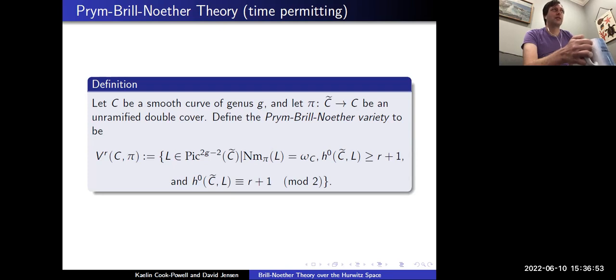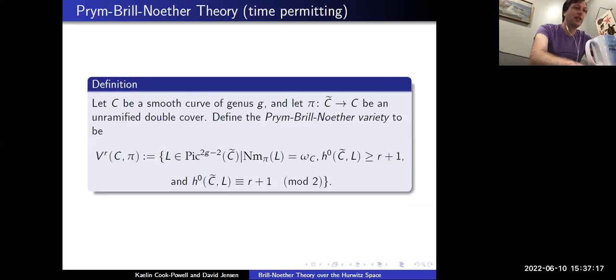If I stopped there, that would have two components for parity reasons. So I also insist that the number of independent global sections is congruent to r+1 mod 2. Okay, so that's what a Prym-Brill-Noether variety is.